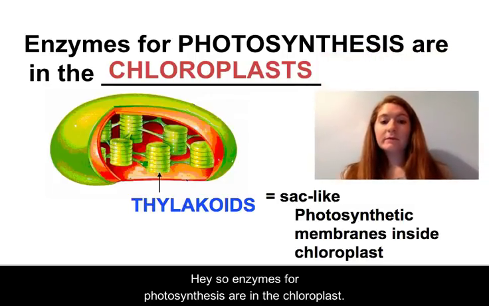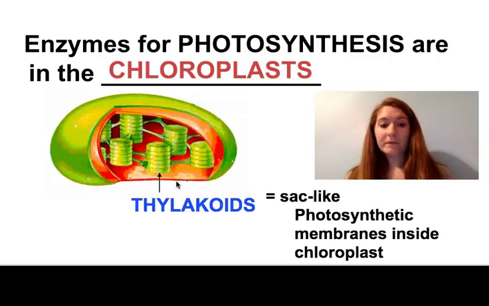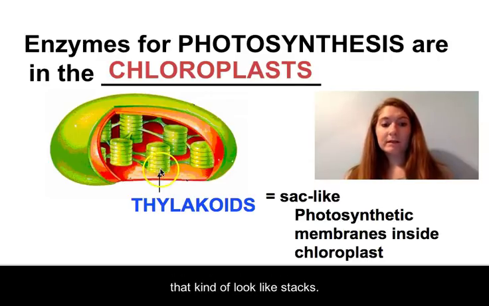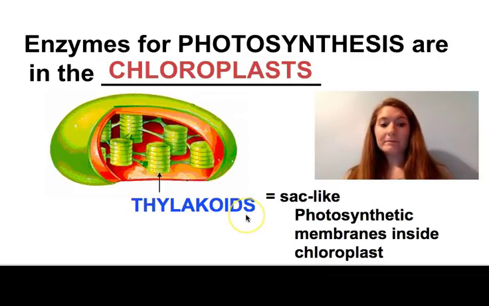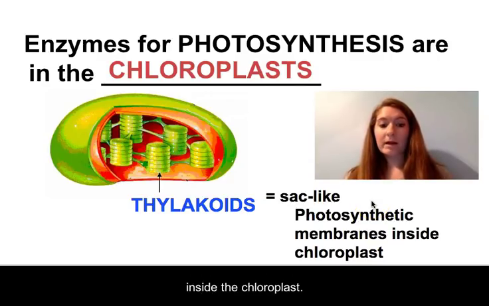Okay, so enzymes for photosynthesis are in the chloroplast. This is a chloroplast, this green organelle here. Inside the chloroplast are these stack-like structures. They kind of look like stacks of checkers if you ever played those, called thylakoids. They are sac-like photosynthetic membranes inside the chloroplast.